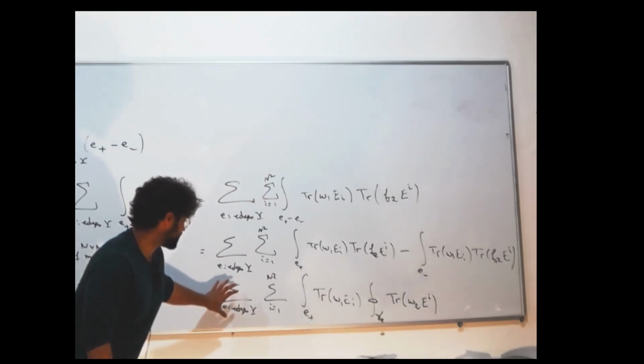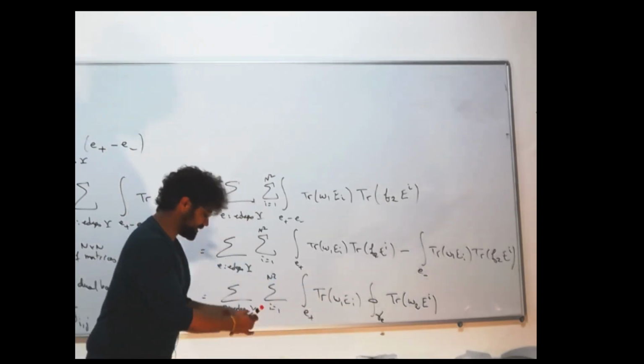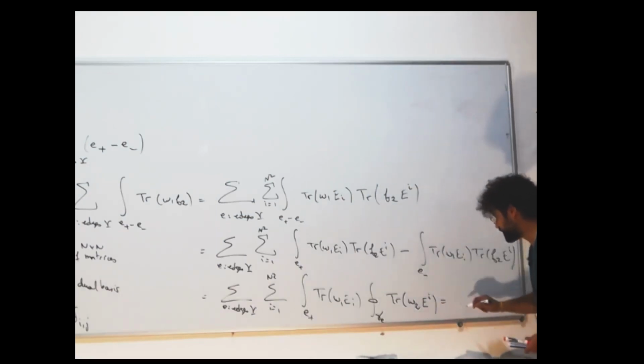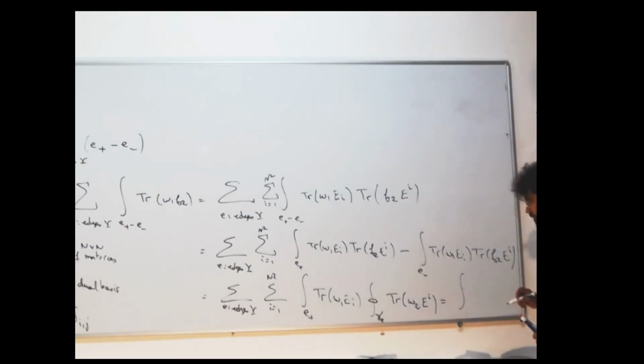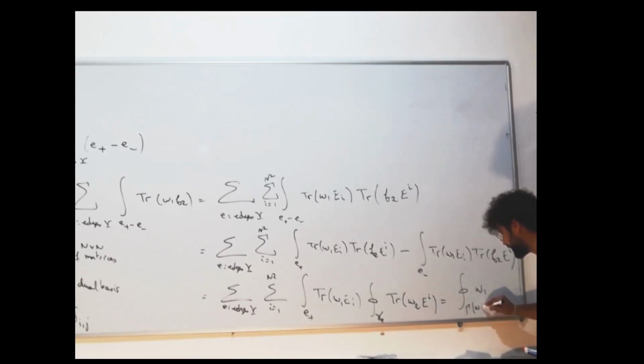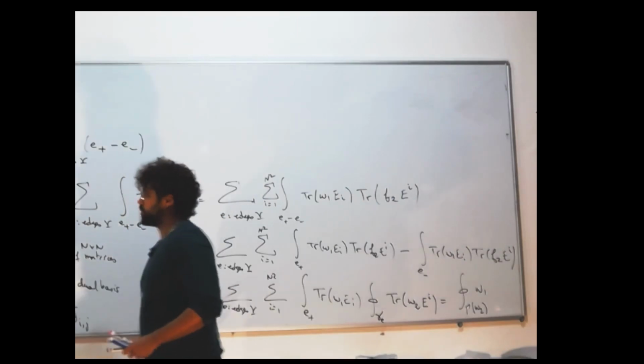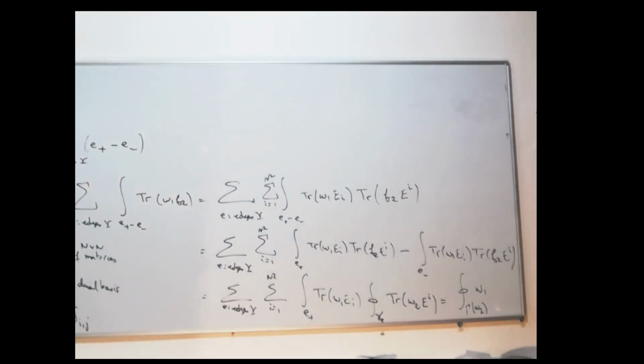Okay, so basically this can be written, at least formally for now, as the integral of omega 1 on a certain cycle that I call gamma of omega 2, where this gamma omega 2 is exactly what you think it is.